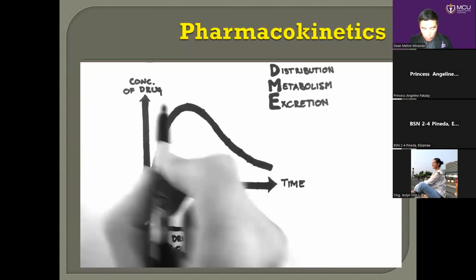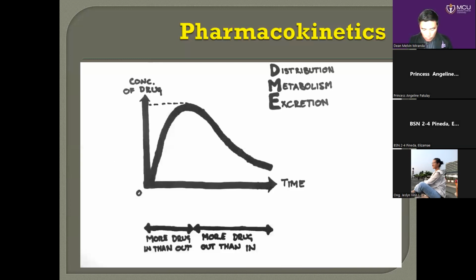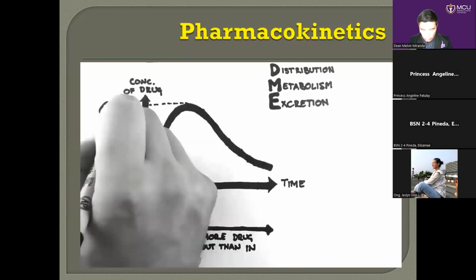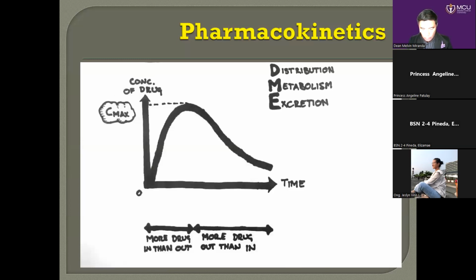This point at the top of the graph is important because it is the highest concentration of drug in the body. Therefore, we call this the maximum concentration, or Cmax. This is important because knowing the maximum concentration can help predict the therapeutic benefit and also the likelihood of side effects.